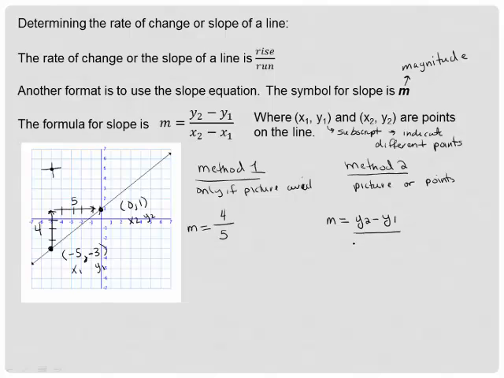This will also work if you have no picture and you're just given 2 coordinates. y2 is 1 minus y1, which was -3. x2 is 0 minus x1, which is -5. And every time I have that double negative, I make a smiley face to remind me that it's positive. So I have 1 plus 3 over 0 plus 5, which gives me 4 over 5, which is the same result I got from the picture. So either method will work.